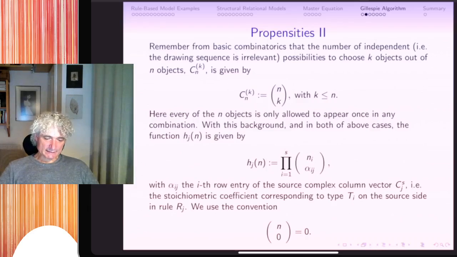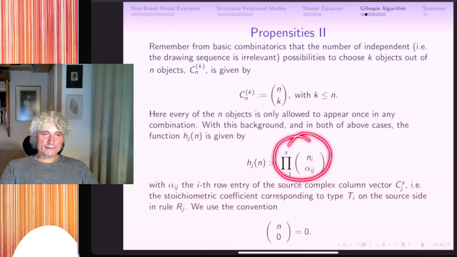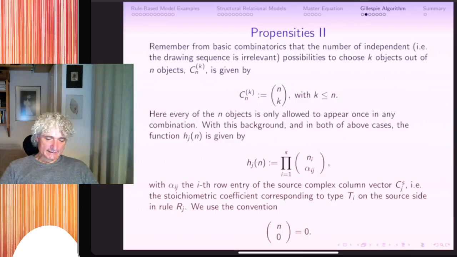So this tells you, with a given stoichiometry alpha, how often you can have type i in the configuration. So how often could you trigger this event with different objects of type i? And each of these factors contributes for each type.